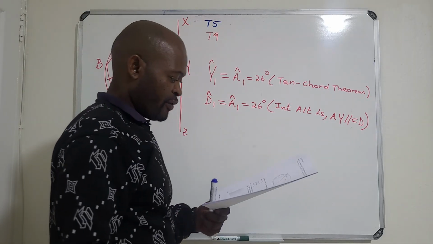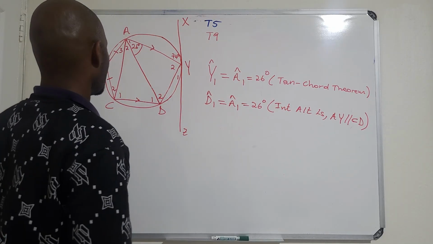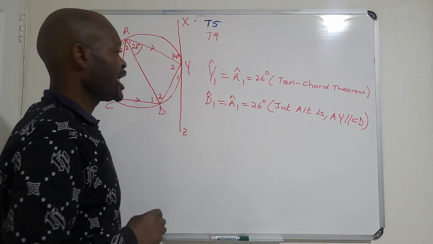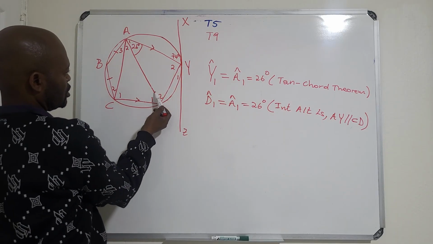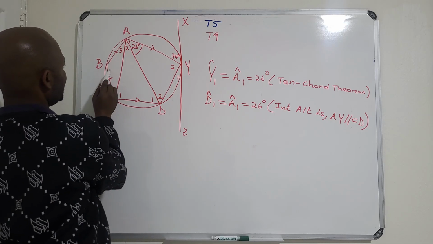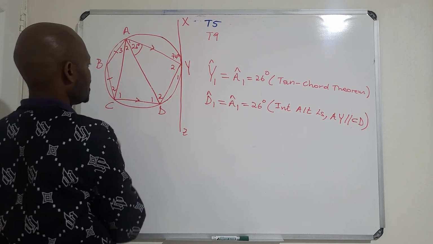Now, they also said that we must find angle B. Since ABCD is a cyclic quad, we know that this angle, which is D1, plus angle B, they are opposite angles of a cyclic quadrilateral.